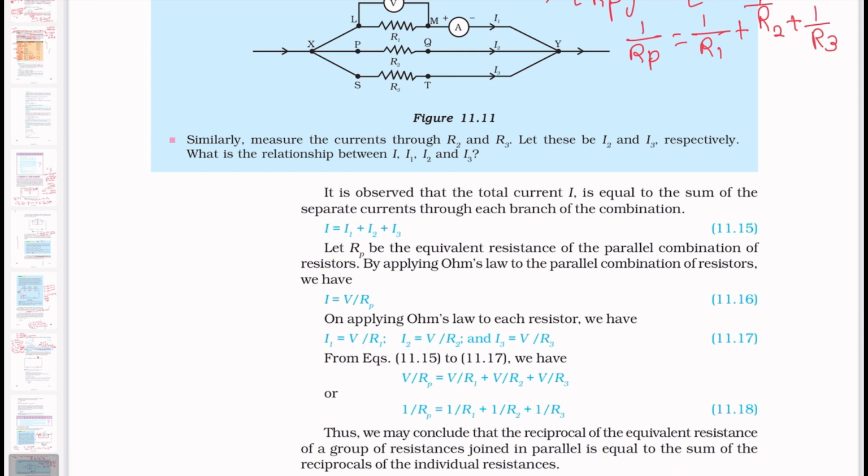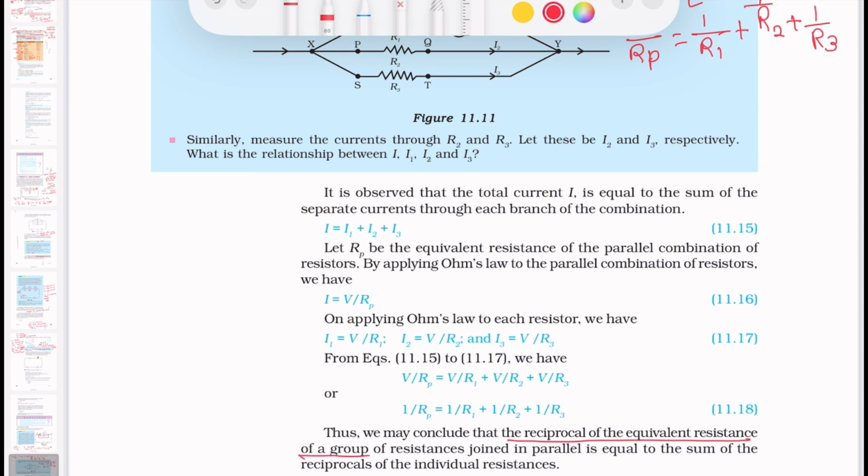The reciprocal of the equivalent resistance of a group of resistances joined in parallel is equal to the sum of the reciprocals of the individual resistances. So if I want to calculate the resistance in a parallel circuit, I have to take the reciprocals of the individual resistances.